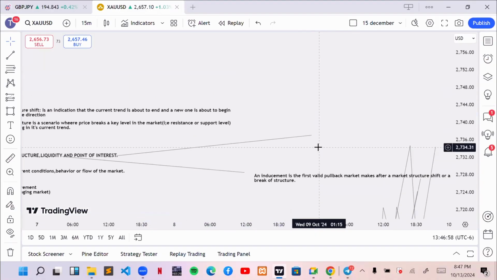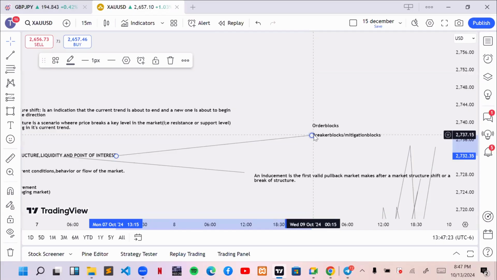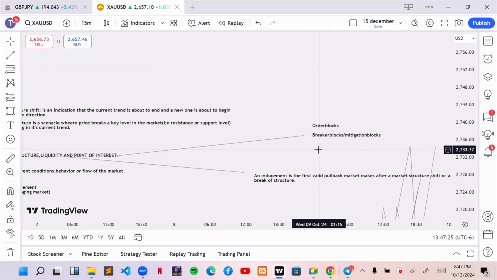I make use of 2 points of interest: the order blocks and the breaker blocks. So these are my 2 points of interest, my order blocks, and then my breaker blocks, also called mitigation blocks.